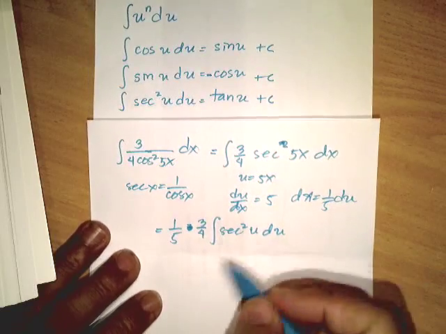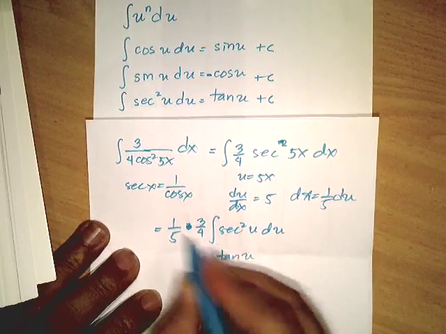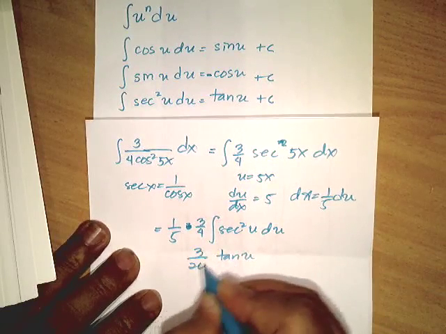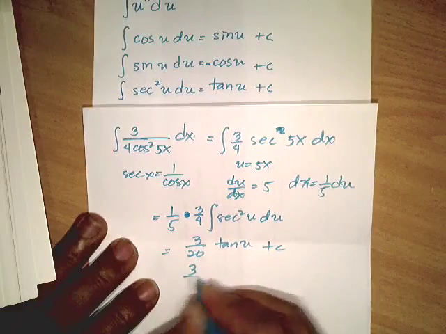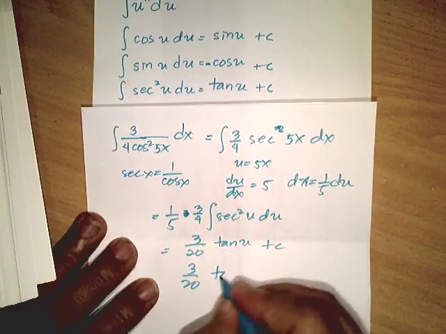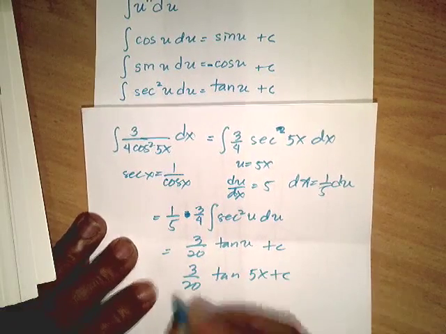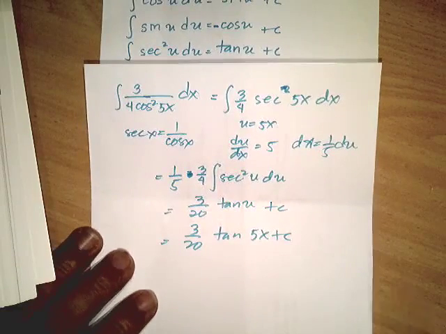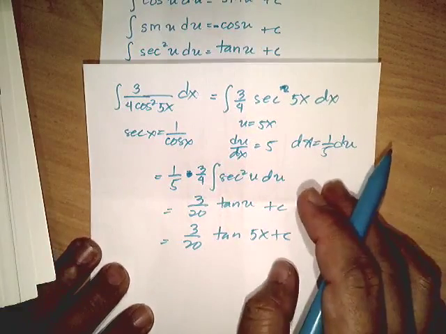The integral of secant squared is tangent u. So that is 3/20 tangent u plus c, or 3/20 tangent 5x plus c. Alright, so that's how you're going to do it.